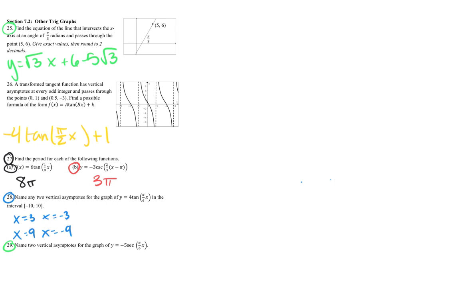Okay, this one's asking us to name 2 vertical asymptotes for the graph of y equals -5 secant pi over 6 of x. Again, we're going to use this period here. If our period equals 2 pi over pi over 6, then our period is equal to 12.